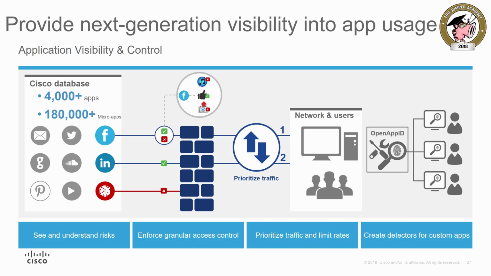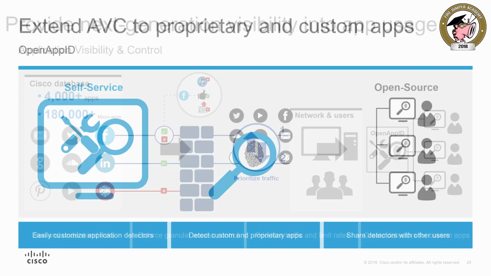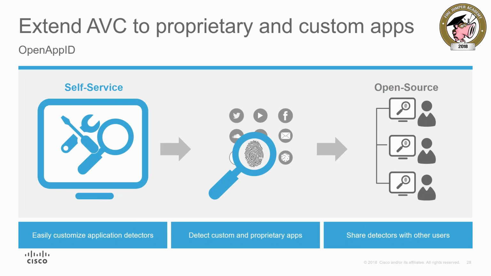Our open source version of AVC enables admin to extend this level of control to proprietary custom applications through Open App ID. In addition to this, you can also share custom application detection signatures with other users through Open App ID.